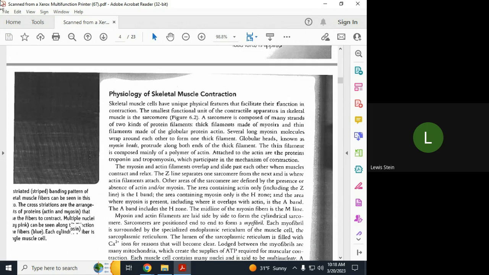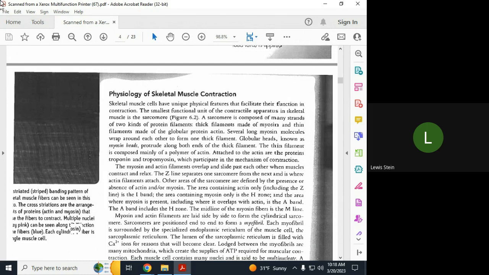That first one they're showing you is just the microscopic look at the striated pattern. So they're not necessarily focusing on that one with the A band, the I band, and that's something to review.